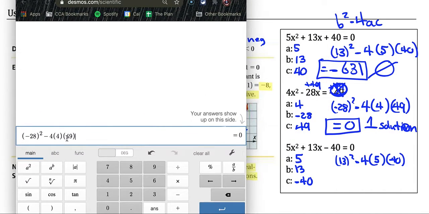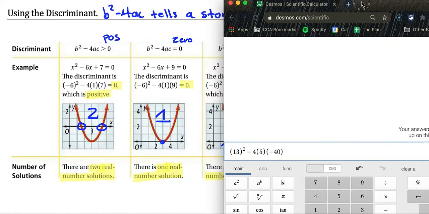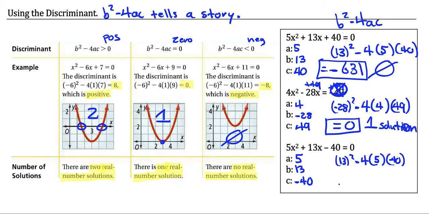So we're going to dump in 13 squared minus 4 times 5 times a negative 40. 969. Okay, so 969 is my discriminant. That's positive, so that means I'm going to have 2 solutions.